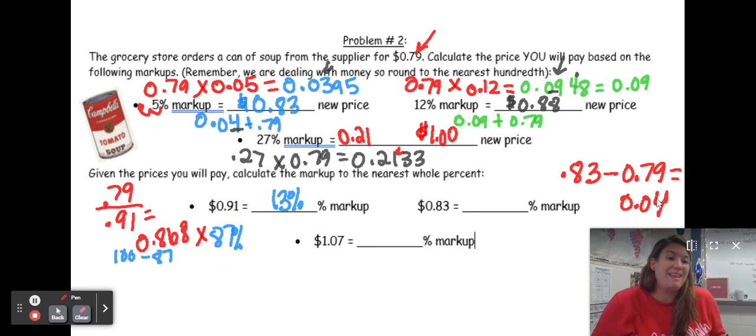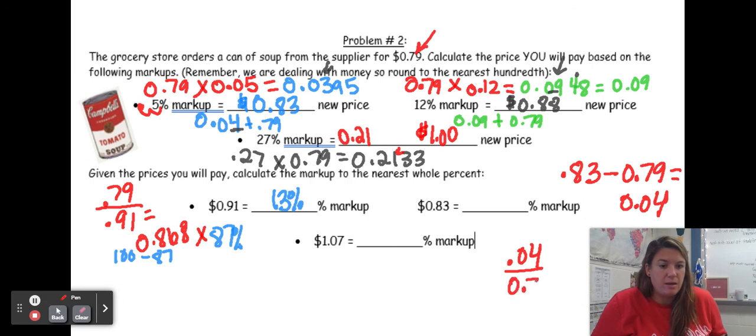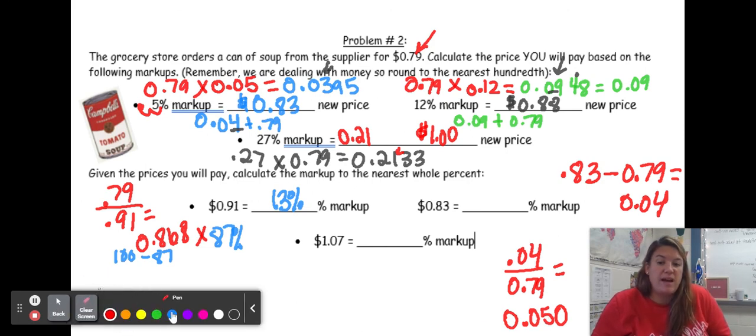So now I'm going to take that and divide it by the original amount, so 0.04 divided by 0.79. And that gives me 0.050. So when I make that a percent, it's 5%.